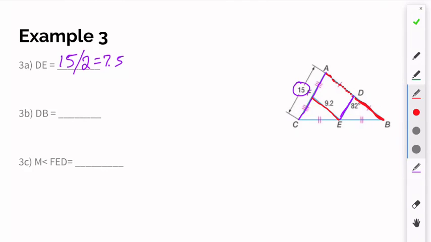Well, if FE is parallel to AB, we know that FE has to be half of AB, right? So 9.2 equals half of AB. Lucky for us, we are looking for only half that distance, half the distance from A to B. So this length right here, DB, has to be the same as FE. Okay, so DB equals 9.2.